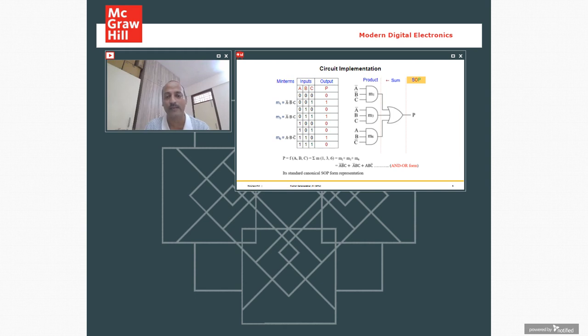So the circuit is a function of three input variables A, B, C. Sometimes these variables are also called literals. And the summation of these minterms is 1.